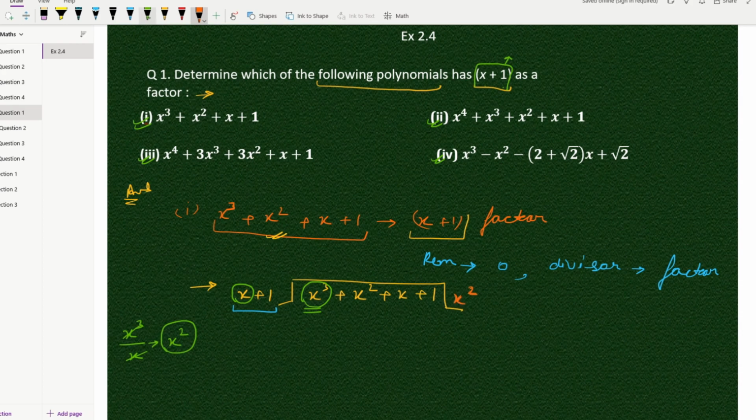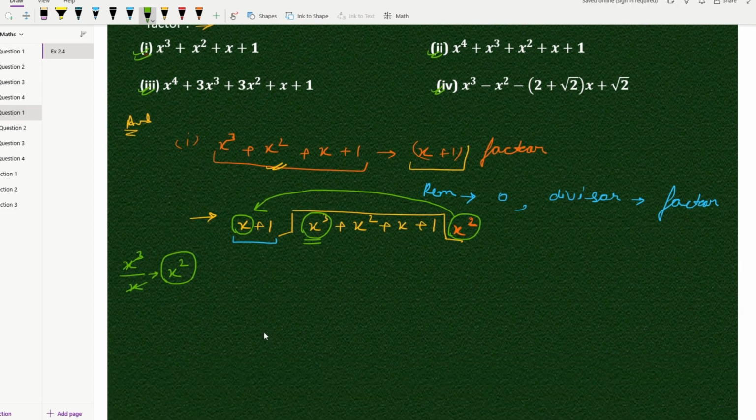And next step, ये हमारा फर्स्ट स्टेप होता है, राइट? उसके बाद जो हम क्या करते हैं, ये जो क्वोशिएंट आ जाता है इसको हम मल्टीप्लाई करते हैं पूरे डिवाइज़र से ही. आइए मल्टीप्लाई करके देखते हैं. That is x square into x plus 1. So this will be x square into x.